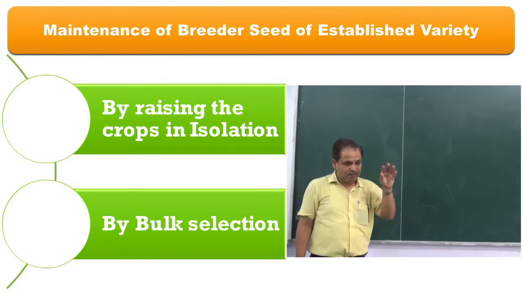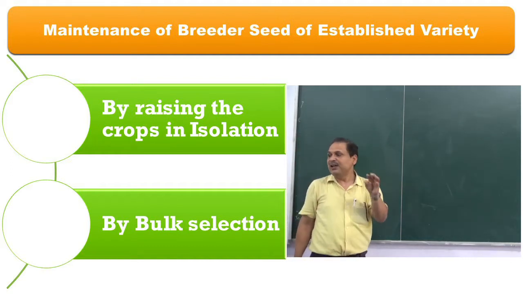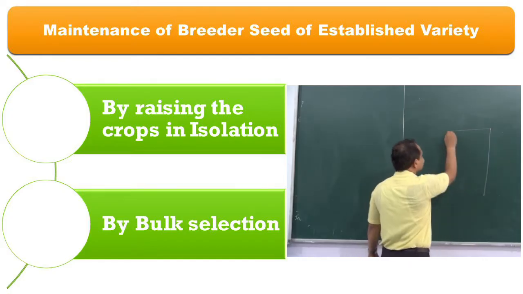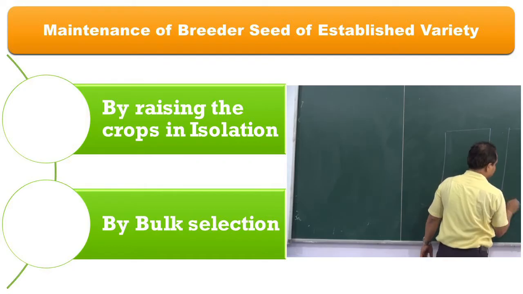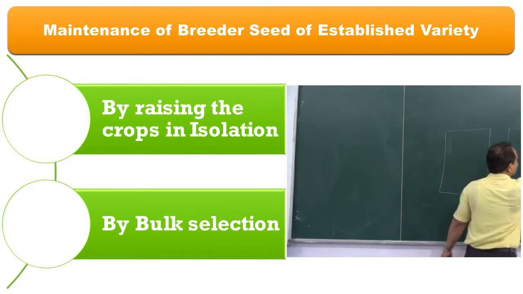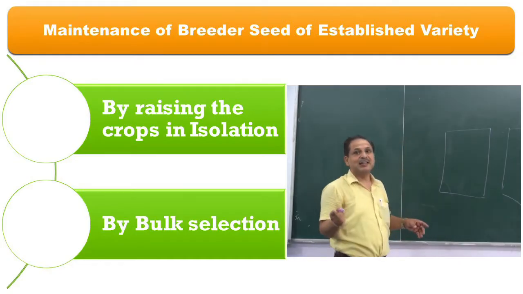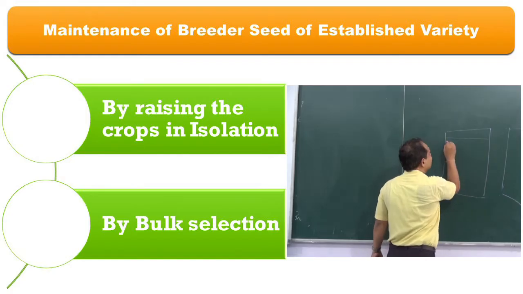Then all those selected bundles or plants are grown in 4 blocks. We make 4 blocks like this, and those selected plants are grown in double row plots.